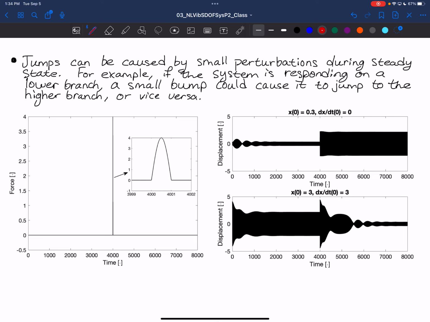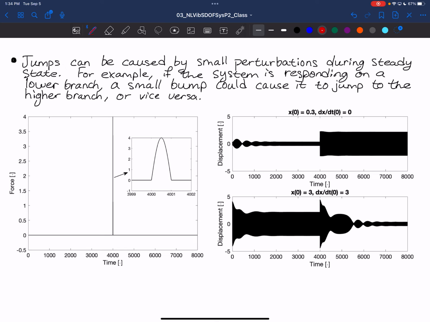Two cases where we start in the top plot. First on the left, we're showing a small perturbation force. This occurs at a time of 4,000, so long after the system has settled. And on the right, I have the displacements for two different types of initial conditions. One where it starts on the lower branch, and then that small perturbation causes it to jump up to the upper branch, so we get this large change in the displacements.